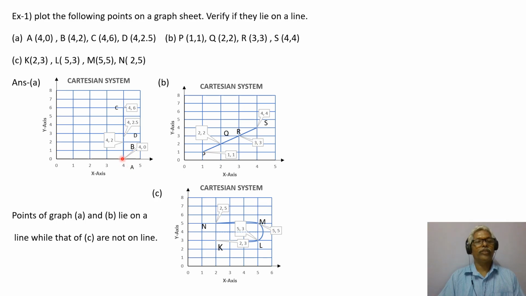If you join this, they will lie on this line. We have to also specify that we will verify whether they lie on a line. Yes, they lie.